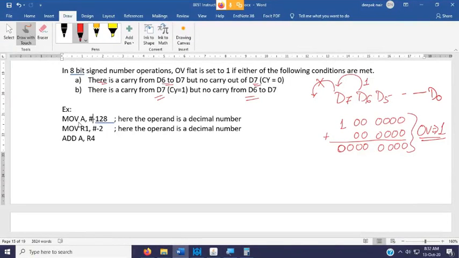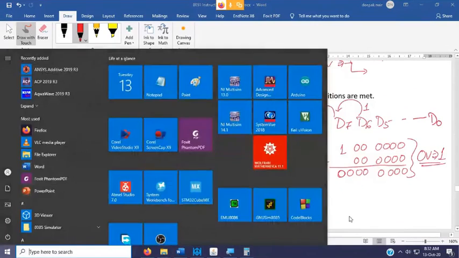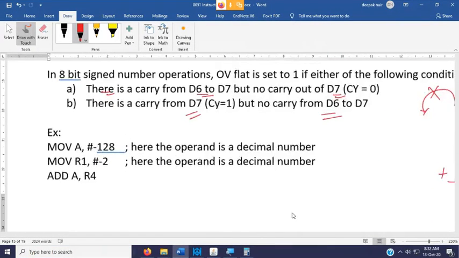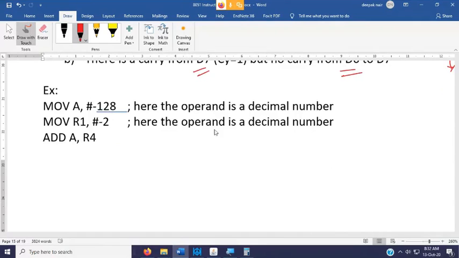When we say, for example, minus 2, the microcontroller is not going to take this minus 2 as just minus 2 itself. It will take this number in a particular format called 2's complement format.